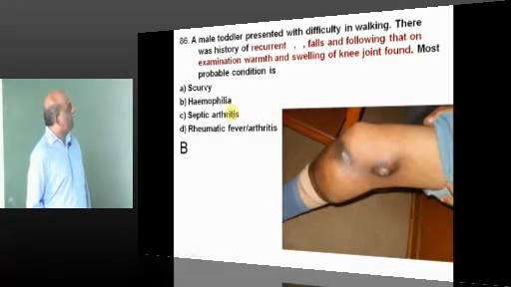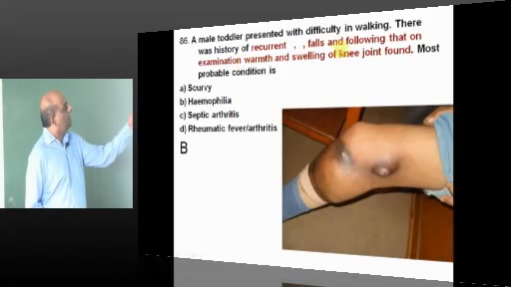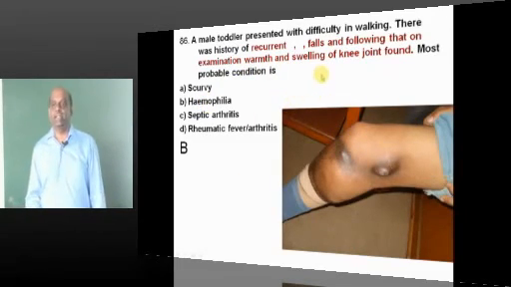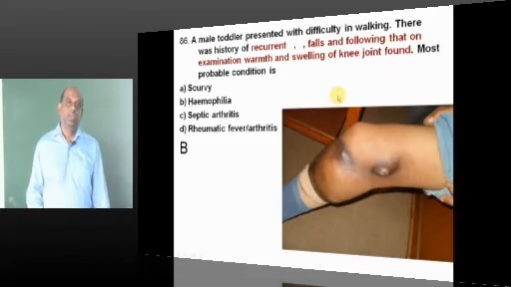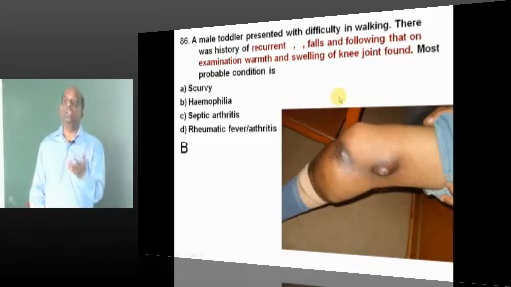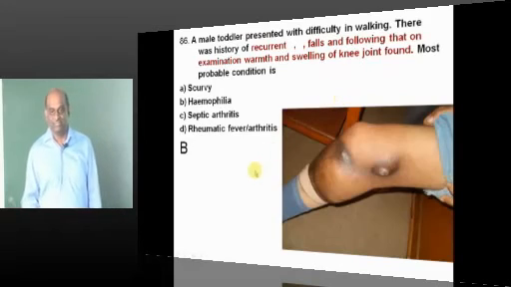Why not septic arthritis? The history of recurrent falls leading to the hematoma is an unlikely story in septic arthritis, and septic arthritis is more often an issue in a sexually active adolescent male.